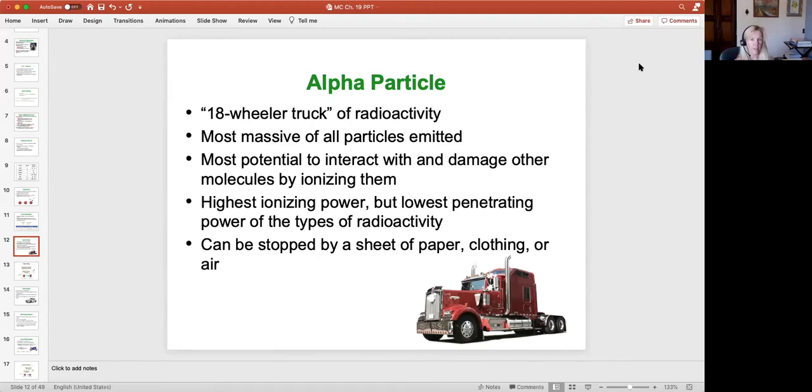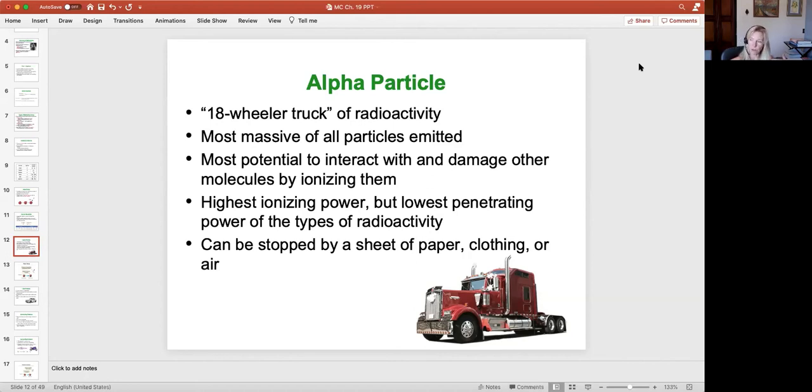Actually, alpha particles are super dangerous because they have the potential to ionize anything they come in contact with. So we say that they have the highest ionizing power, but because they are so massive in size, they have the lowest penetrating power. Things like a sheet of paper, our clothing, or even our distance away from whatever is emitting that alpha particle is enough to keep it from reaching me.